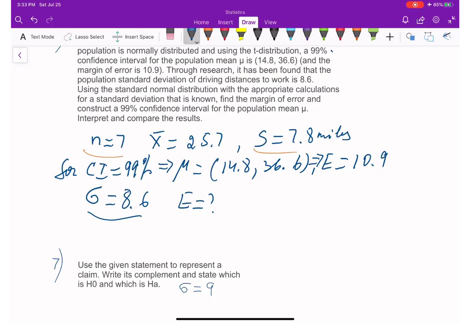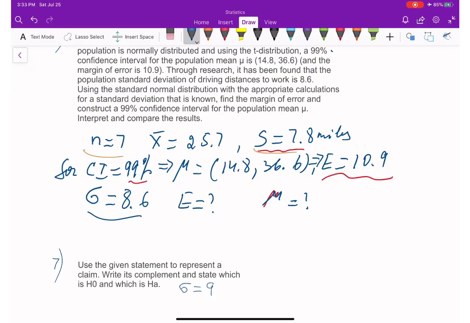This 10.9 margin of error is for 99%, and for s, 7.8. So we need to find the margin of error and construct the 99% confidence interval for the population mean.